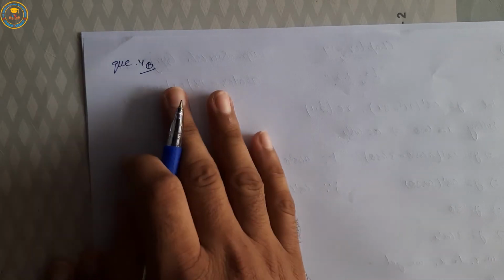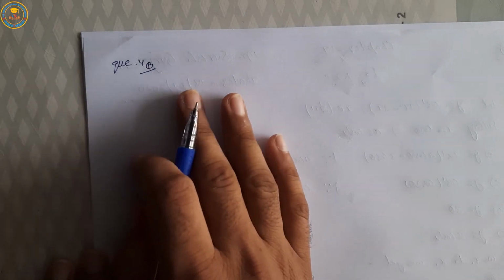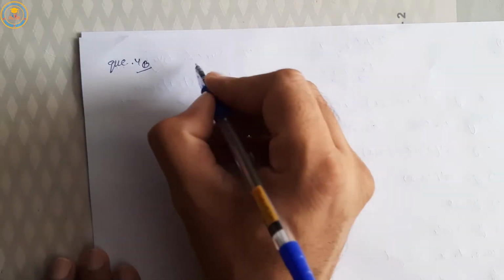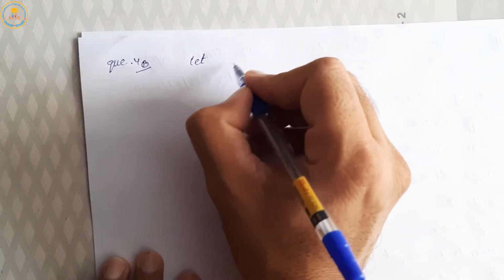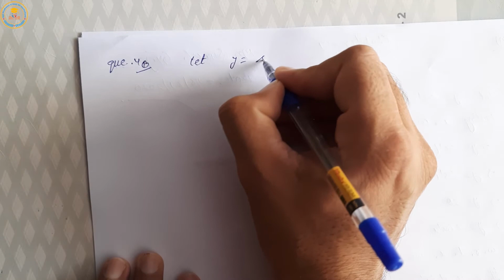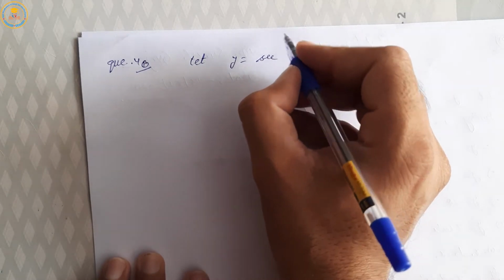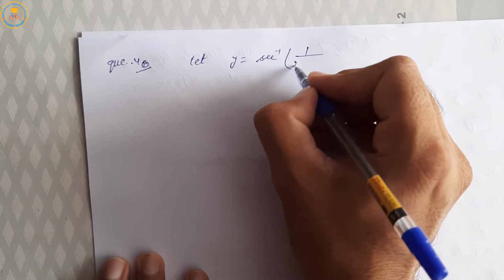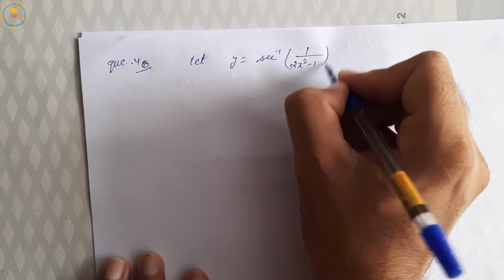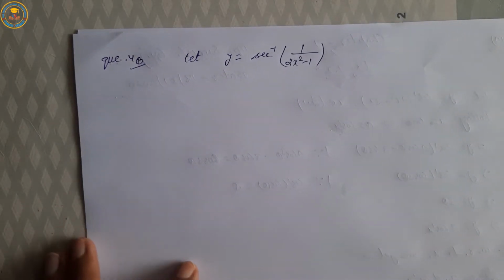Question number 4. Let y is equal to sec inverse of 1 upon 2x square minus 1.